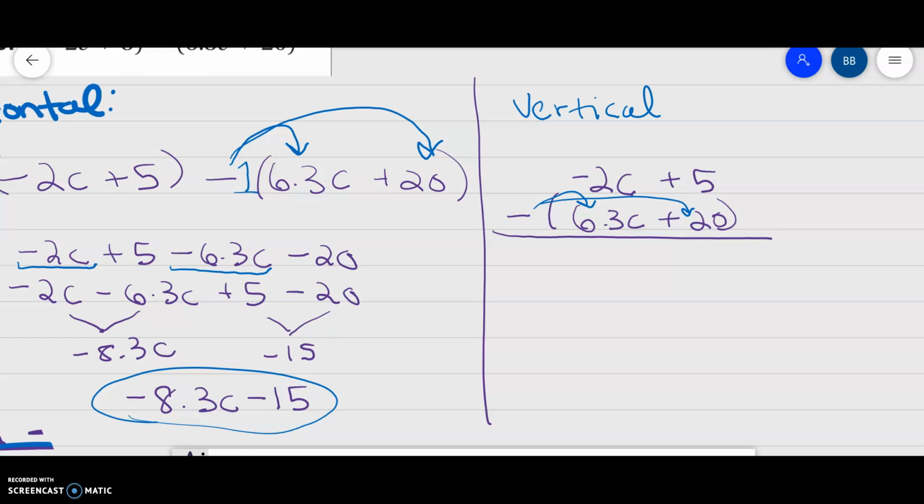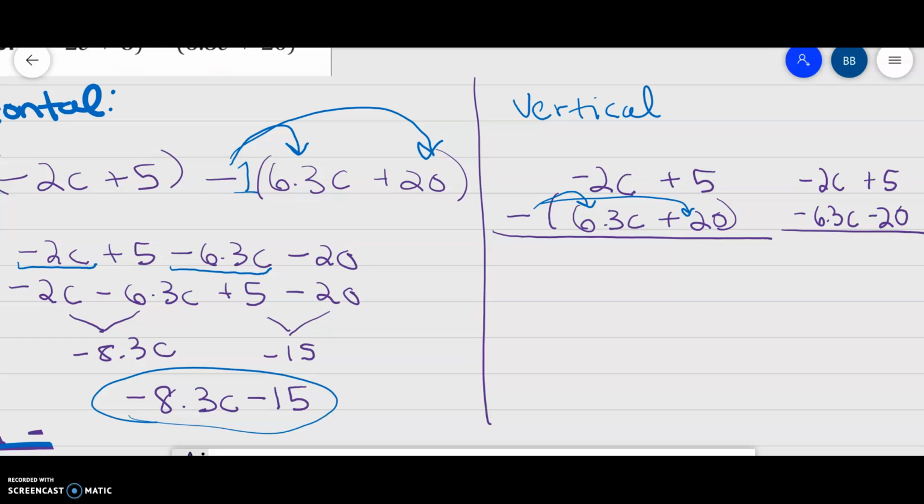So I can rewrite this as negative 2c plus 5, and subtracting a positive 6.3c is just like minus 6.3c, and then subtracting a positive 20 is like doing minus 20. Now we can add our like terms up. I was careful to line up my like terms here.